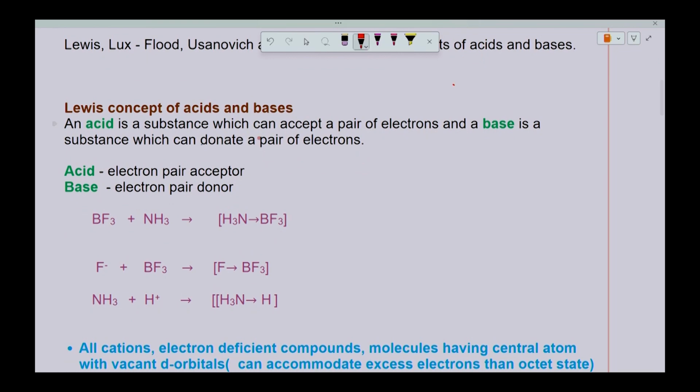An acid is a substance which can accept a pair of electrons. It is easy to remember: acid accepts a pair of electrons and base is a substance which can donate a pair of electrons.